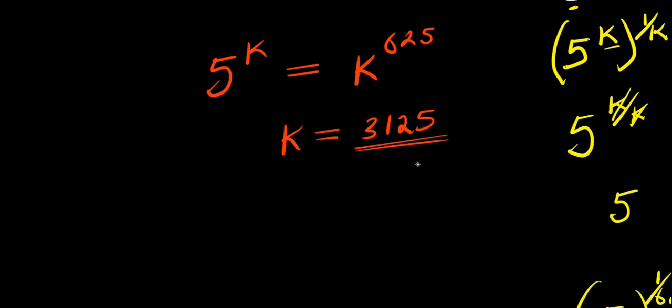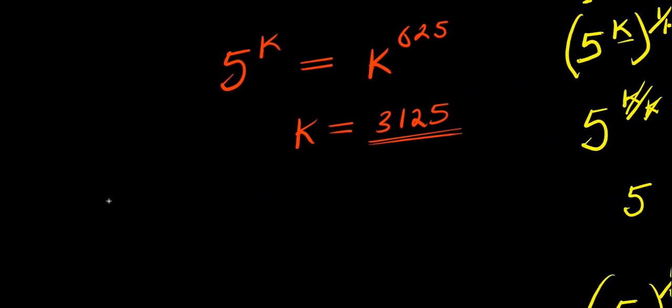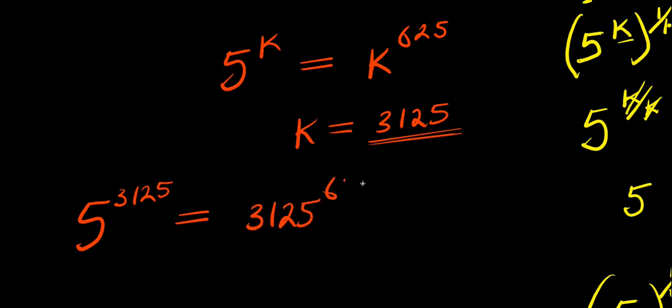So let's substitute this value for k. 5^3125 equals, k is 3125, to the power of 6/5.